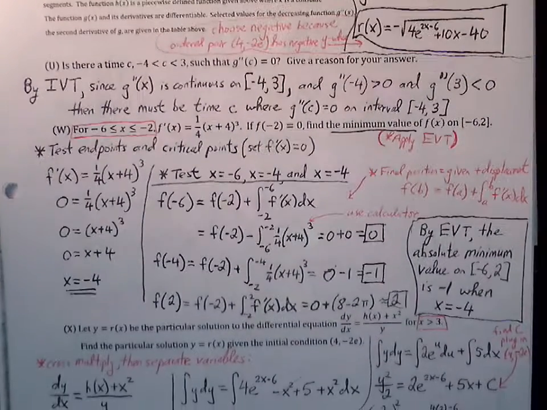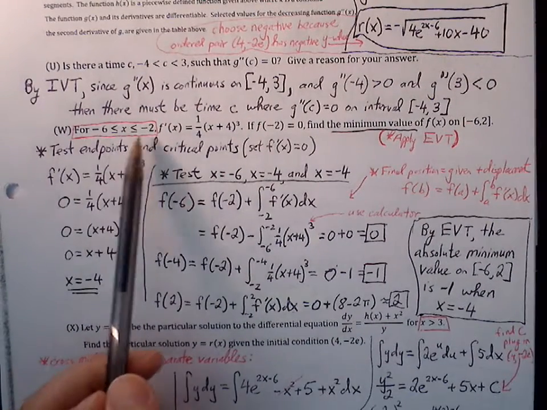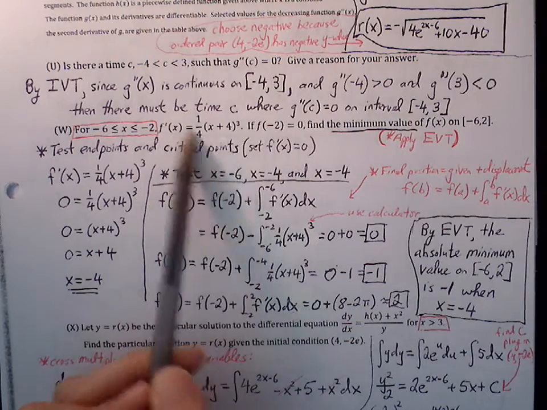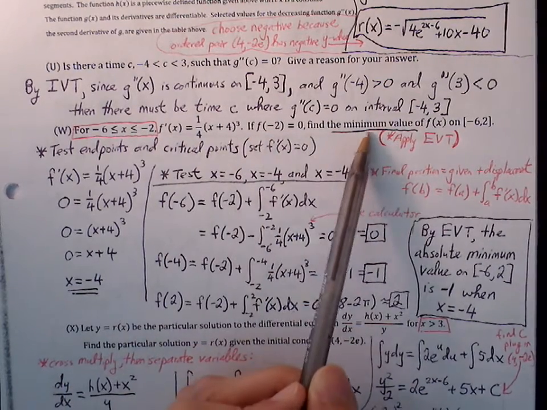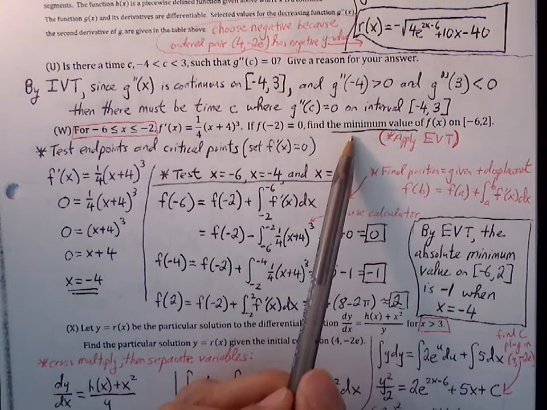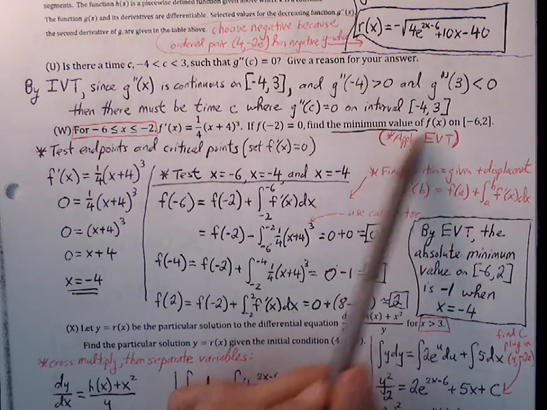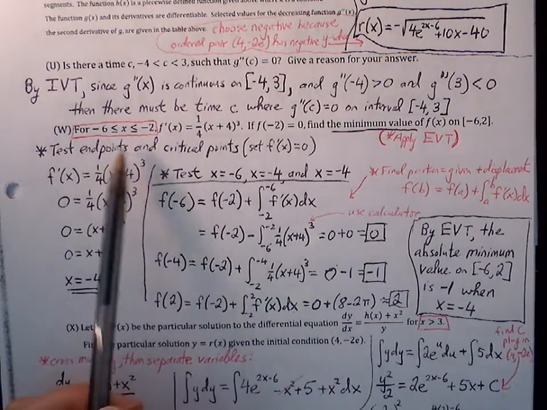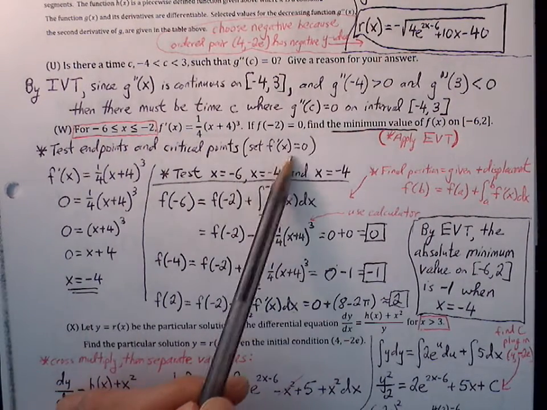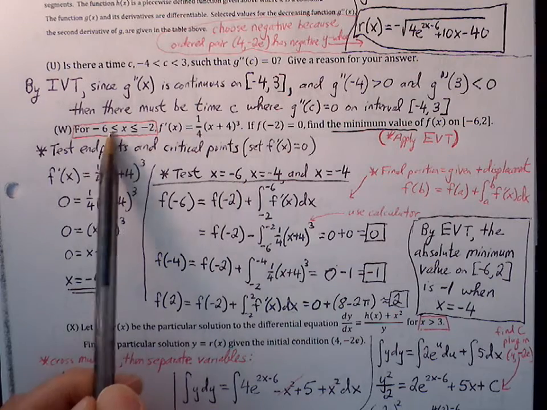For the next part here, for negative 6 to negative 2, we have f prime defined here. If f of negative 2 is equal to 0, find the minimum value. So if we want to find the minimum value on the closed interval, we have to apply the extreme value theorem. So extreme value theorem means we're going to test endpoints and we're going to test critical points. Okay.